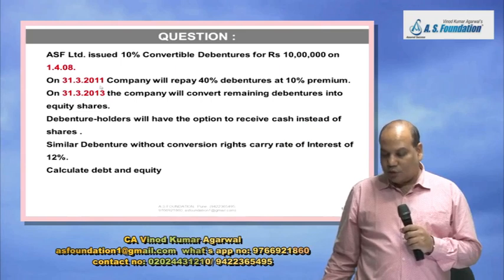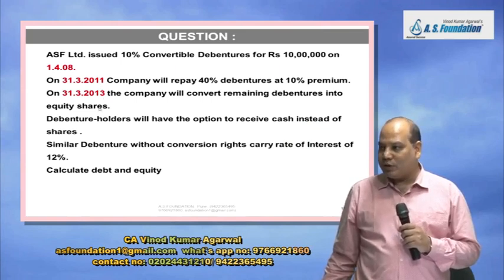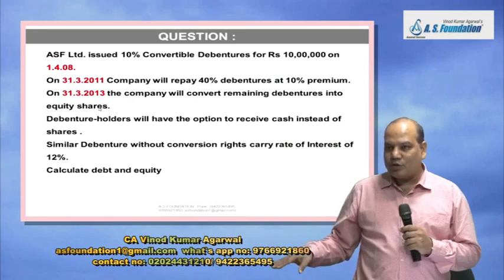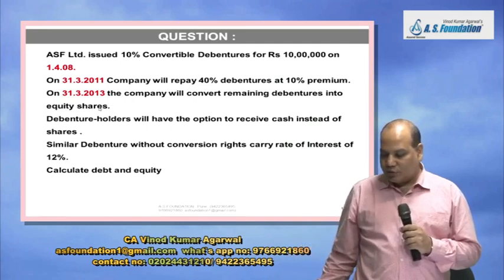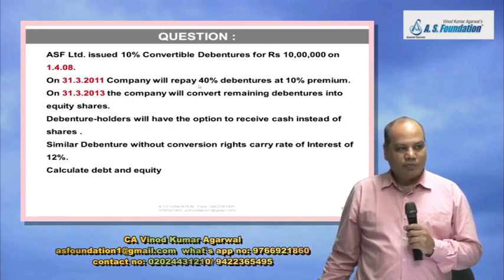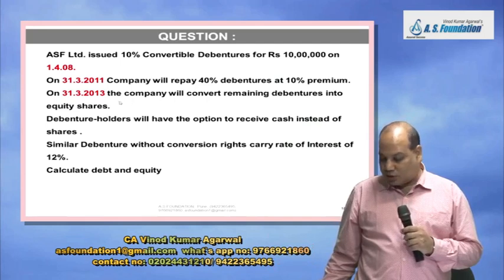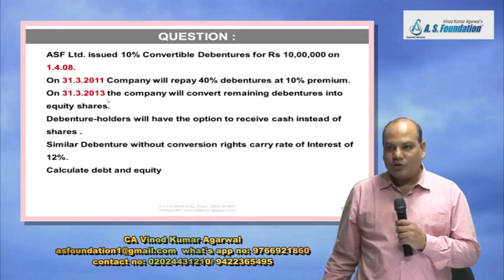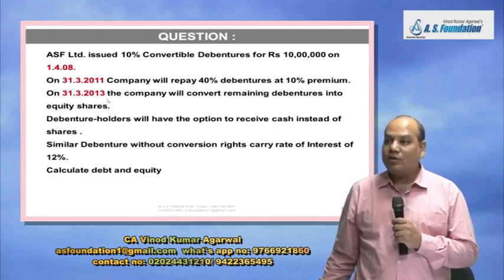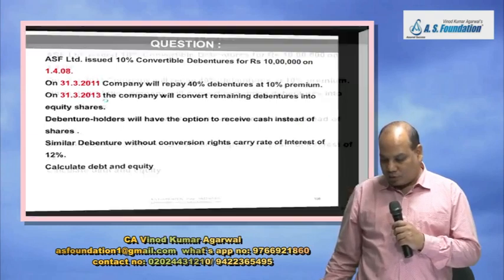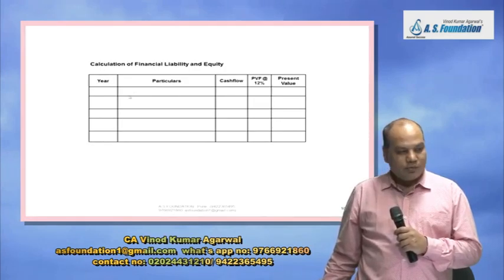Then in your fourth year and fifth year, the coupon amount will change, because you have redeemed 4 lakh rupees principal. And then you will also consider the redemption value of 6 lakh, because the redemption option is with the bond holder.